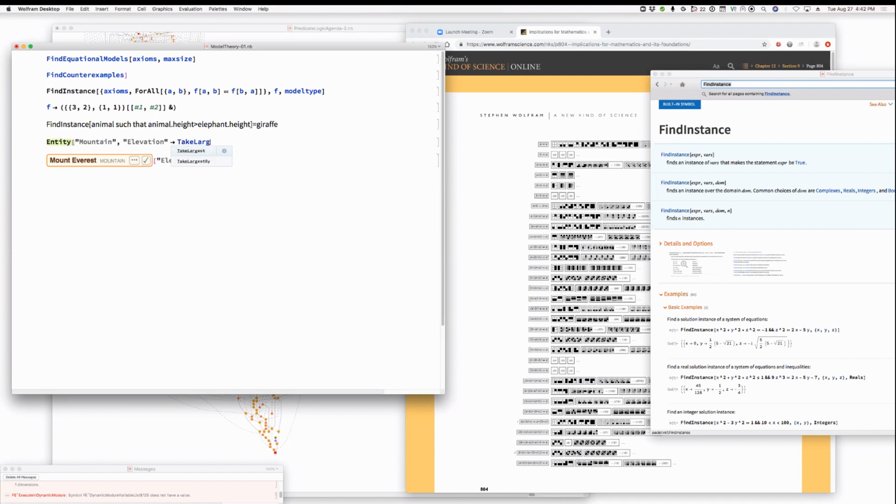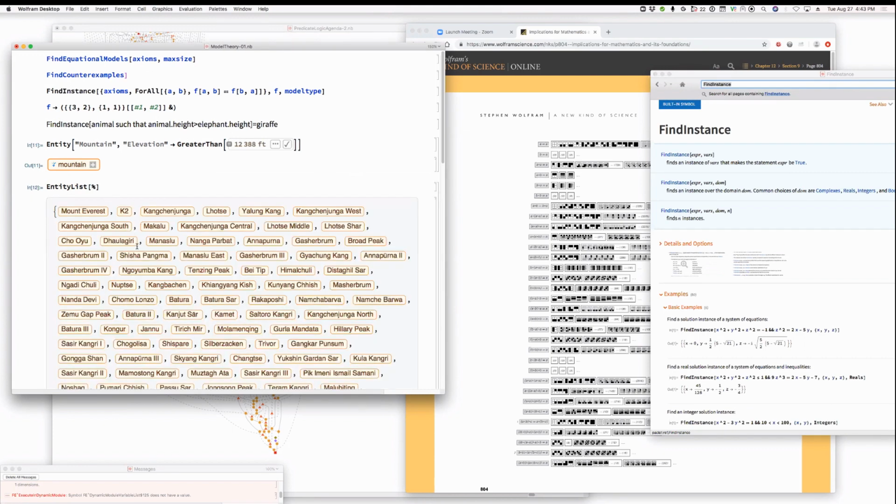Well, certainly some things like this, but greater than height of Mount Fuji. What the heck? Oh, there we go. All right. Oh, there may be a lot of them. Isn't that cool? That just worked.